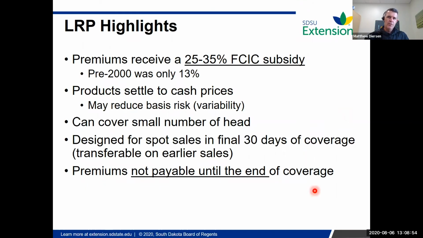And the other thing they've done, it's an adjustment this year, is that the premiums aren't payable until the end of the coverage. So if you're buying a put option, spending $6, $7, $8, $9 a hundredweight up front, here you're paying $5, $6, $7 a hundredweight, and it's not payable. You don't need the cash until the end of the coverage period.